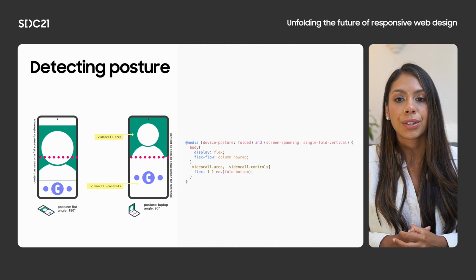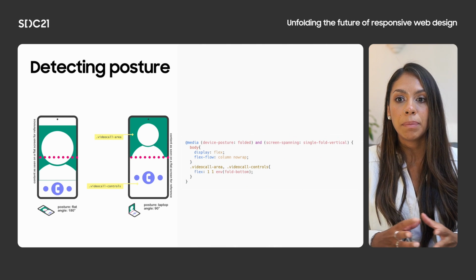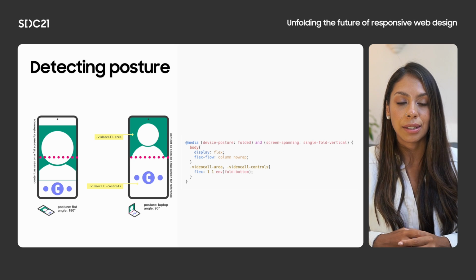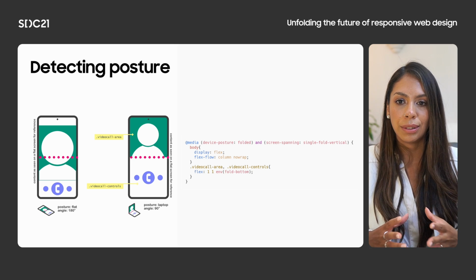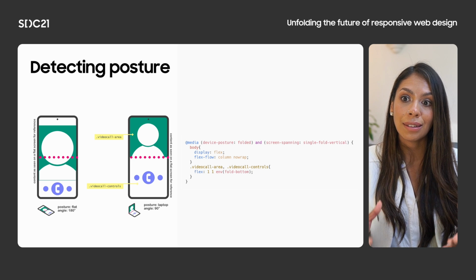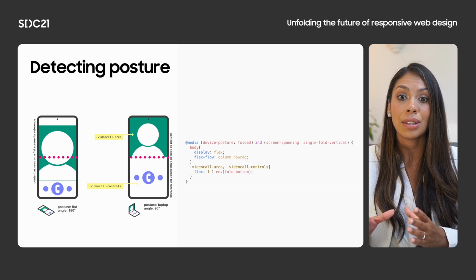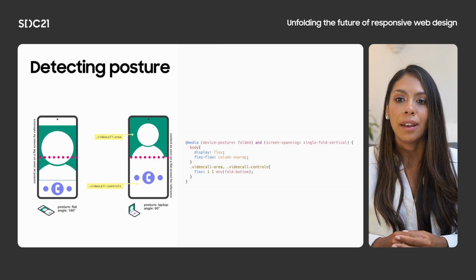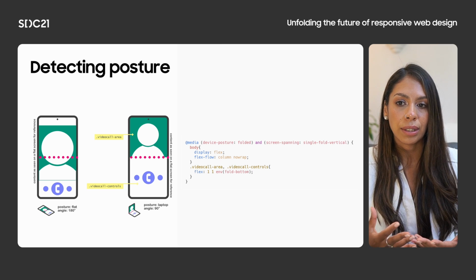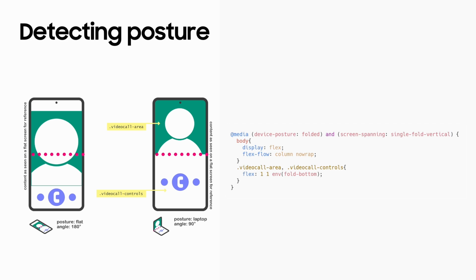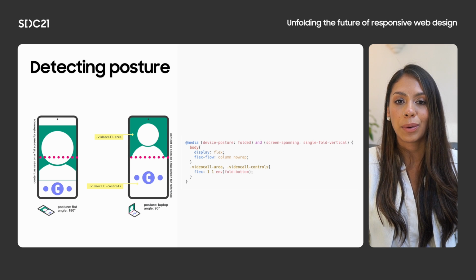Let's see how it works. Let's say that we're using a web video call app with our Samsung Galaxy Flip. It would be useful to detect when it's folded so users can take advantage of using the device hands-free, and its layout can change accordingly. We can achieve this by using media queries and applying the device-posture folded. Just a few lines of code in our CSS and we can detect when the Galaxy Flip is folded. Pretty simple and straightforward.